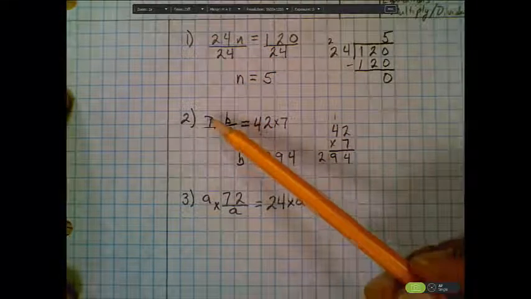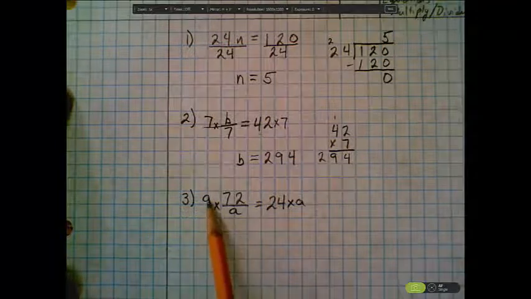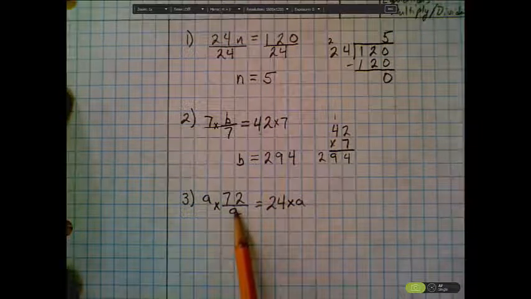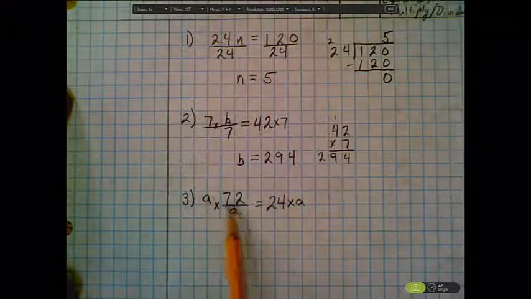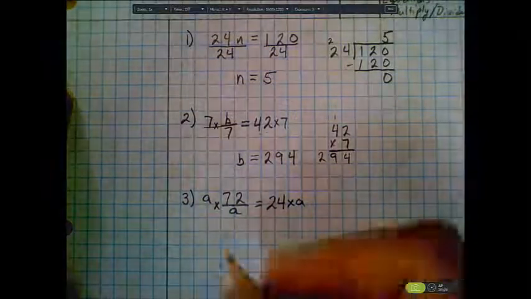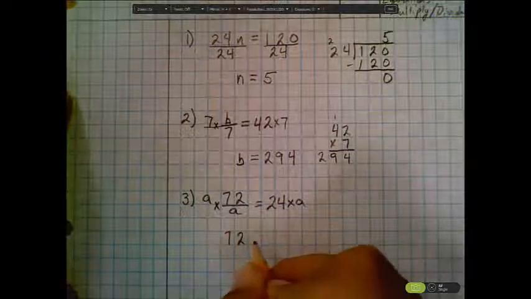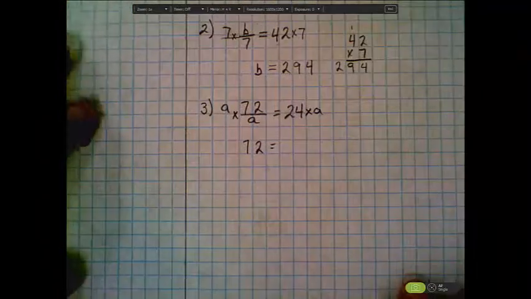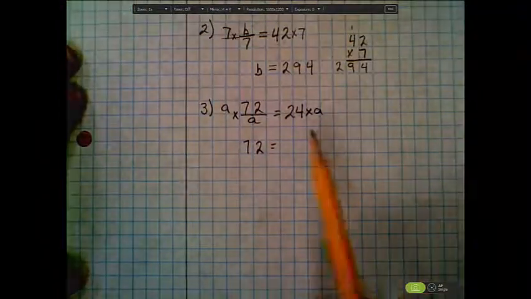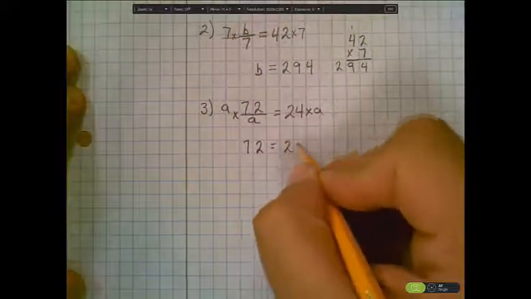When we had 7 over 7, that equaled 1. The same thing happens for a. When we have a over a, that equals 1. And then we multiply 1 times 72, and that's going to give us 72. We're then going to multiply 24 times a, and that gives us 24a.